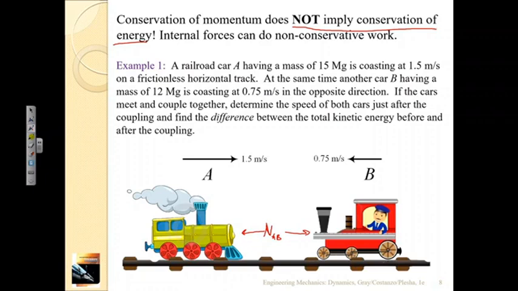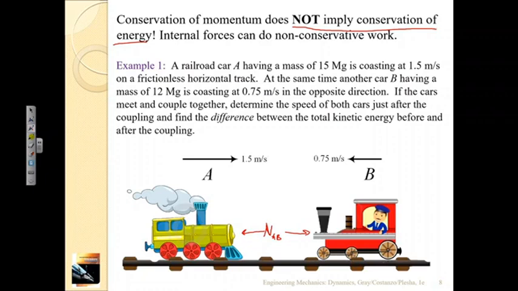So for this one, I've got train A. We're moving on a track. So really, I just care about the x direction here. We know momentum is going to be x and y, but for this case, we're just smashing into each other like this. So the mass of A is 15 megagrams.